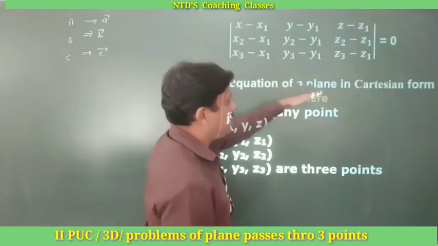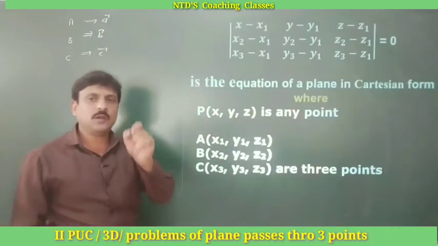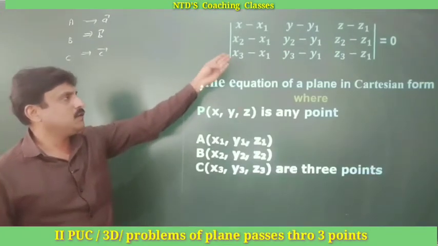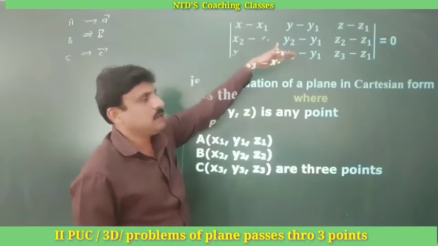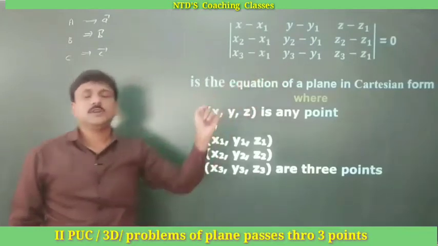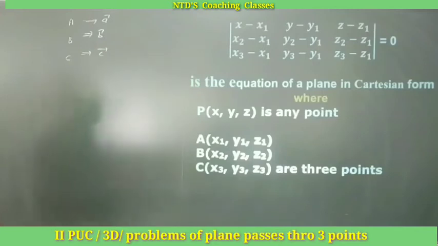The equation of plane in Cartesian form when they are given 3 non-collinear points is the determinant of x minus x1, y minus y1, z minus z1, x2 minus x1, y2 minus y1, z2 minus z1, similarly x3 minus x1 and so on, equals 0. This is the equation of a plane when they are given 3 points.